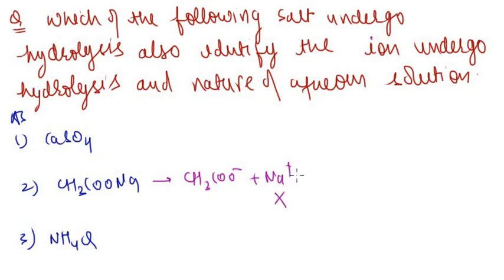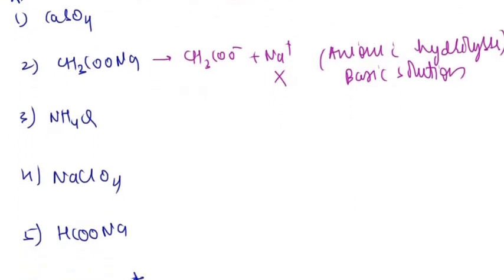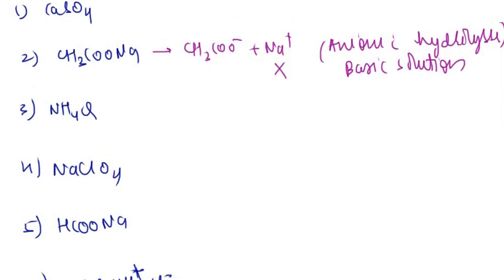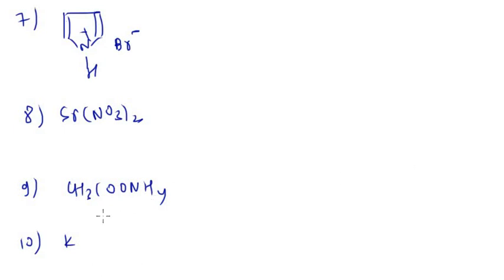CH3COO negative, the acetate ion, comes from a weak acid, so it is anionic hydrolysis, and it will be a basic solution. We have seen that in anionic hydrolysis there will be a basic solution. I am showing you all the cases, so just write down all the questions and answer on your own.